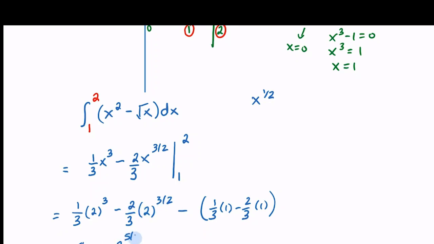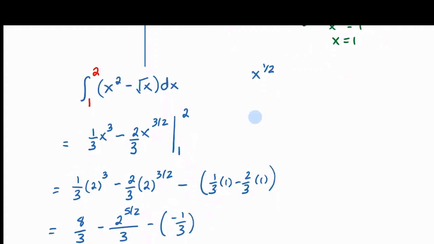Using exponent rules, this becomes 2 to the 5 over 2, divided by 3, minus 1 over 3 minus 2 over 3, which is negative 1 over 3. So this is going to become plus 1 over 3. 8 over 3 plus 1 over 3 becomes 9 over 3, which is 3, minus this term here. So this is our answer for the area.